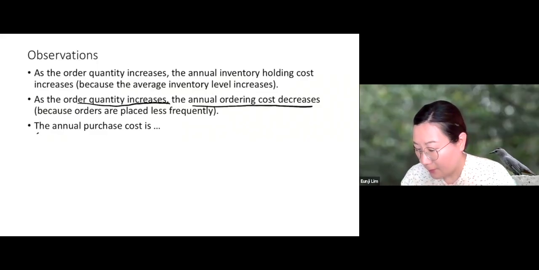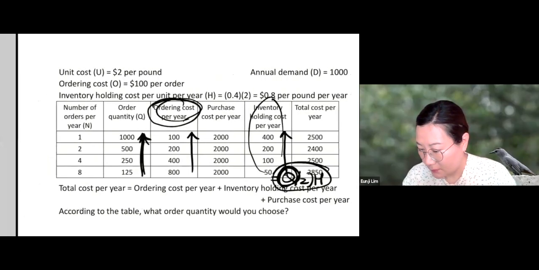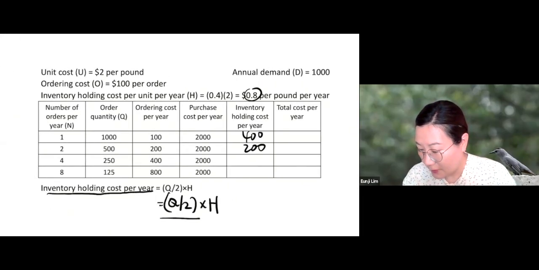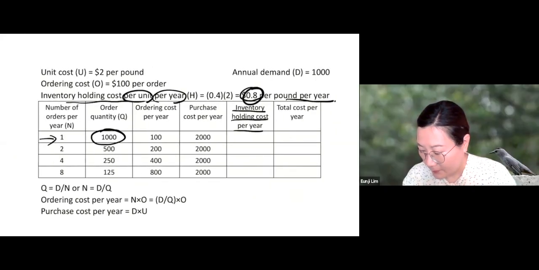Now, how about the annual purchase cost? Let's look at the formula for the annual purchase cost. The annual purchase cost was D times U. D is a fixed quantity, that's the annual demand, and U is also a fixed quantity.